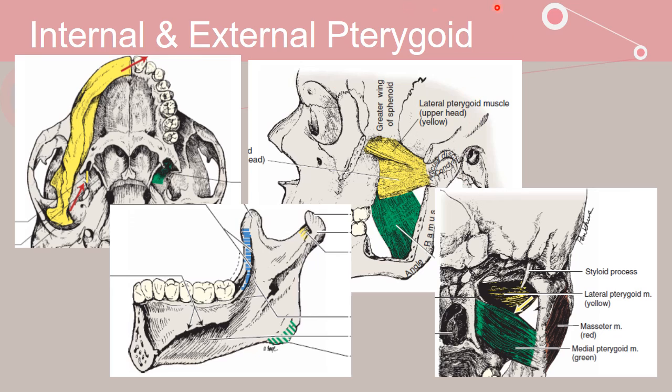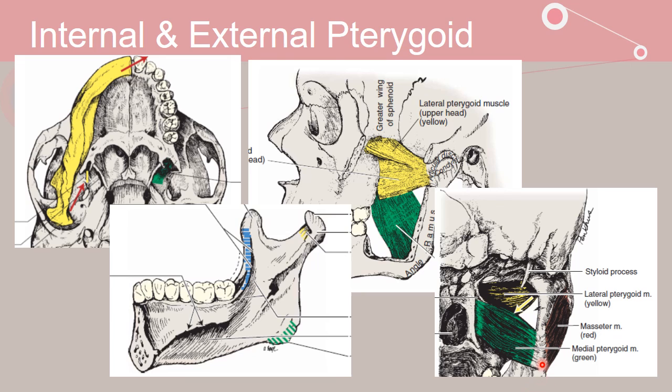Next are the pterygoid muscles. So we have the internal or the medial and the external or the lateral pterygoid muscles. The yellow refers to the lateral pterygoid muscle, rather. Green refers to the internal or medial pterygoid muscle. Okay. The internal pterygoid muscle is located on the medial surface of the ramus.